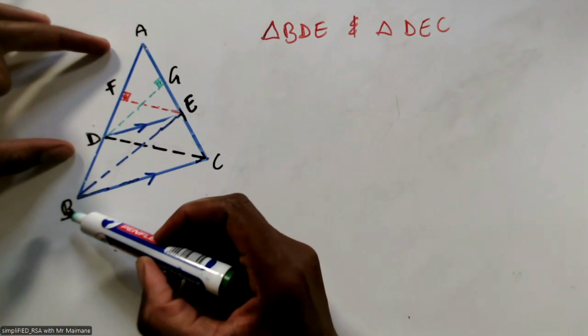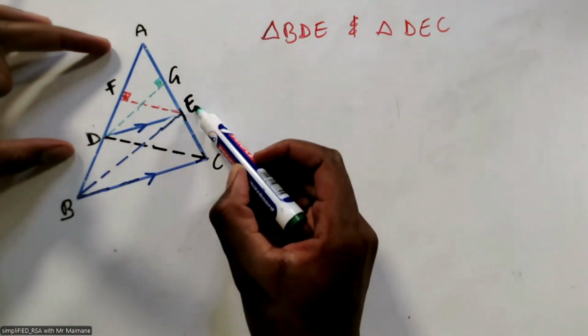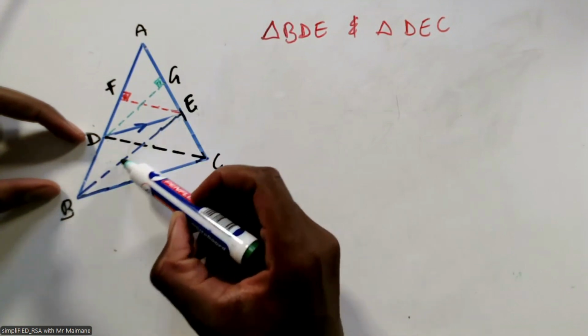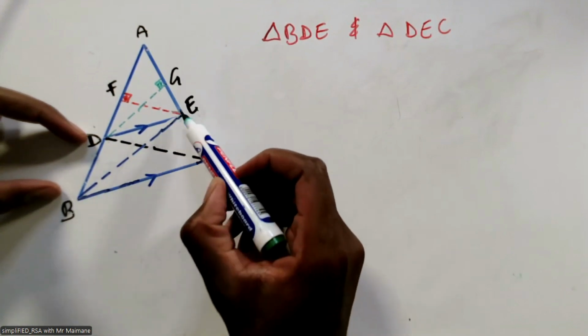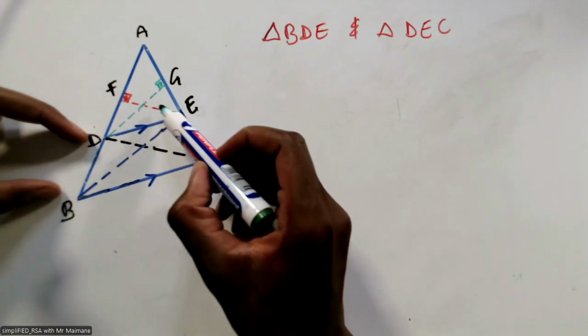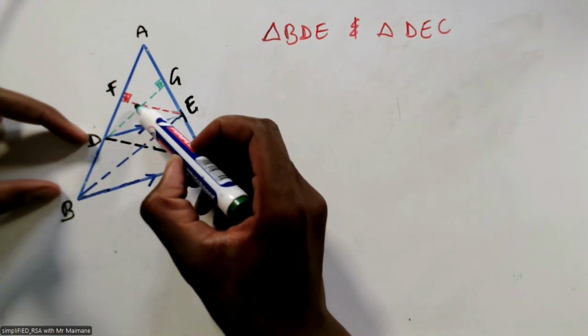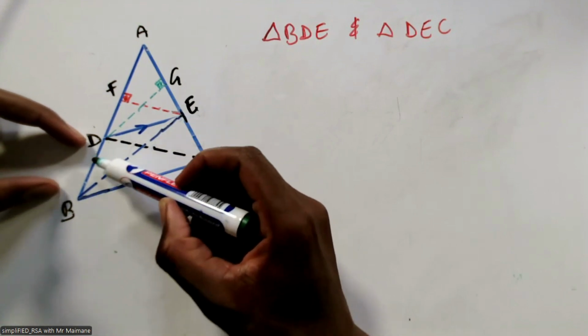Can you see that the height of triangle BDE is EF, as you can see. The height is EF, and the base is BD.